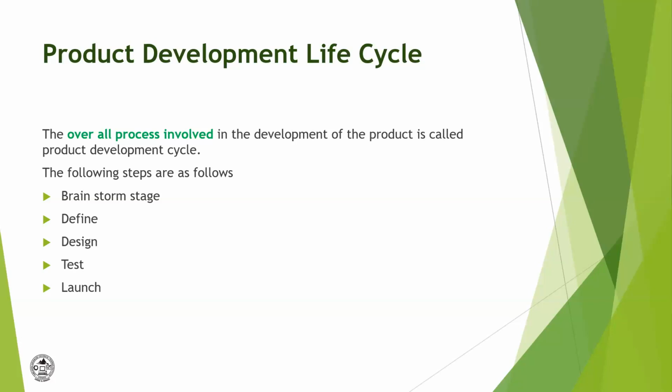If there is any issue, it will come back to the designing stage, then there will be a fix, and post fixing the application comes again to test. If it passes the test phase, it goes for the launch. If any user faces an issue, they will collect the feedback and raise it to the brainstorm stage again. It is a cyclic process.